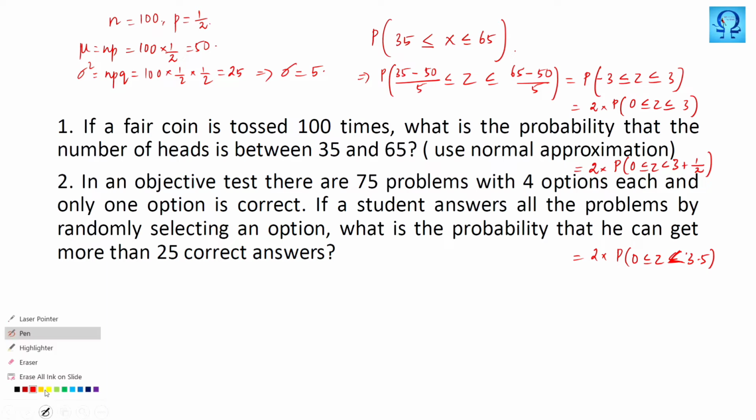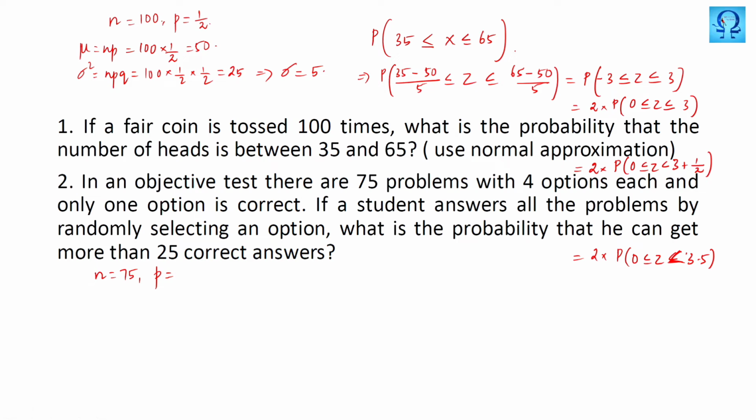Now moving further, in the next problem, in an objective test there are 75 problems with 4 options each, and only one option is correct. If a student answers all the problems by randomly selecting an option, what is the probability that he can get more than 25 correct answers? Here n is 75 and the probability of success is one upon 4, as there are 4 options and only one is correct.